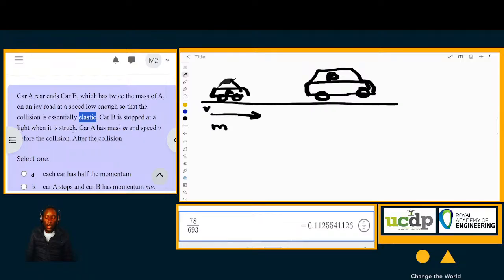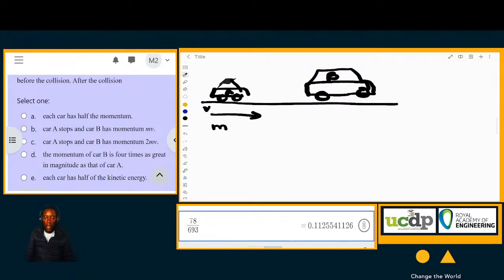So car B stops at a light and car A hits the rear of car B. Now car A has a mass of m and a speed of v before the collision. So what happens after the collision? According to this question, we cannot know the events that follow after the collision, or the parameters that relate to the event, without analyzing the collision itself.